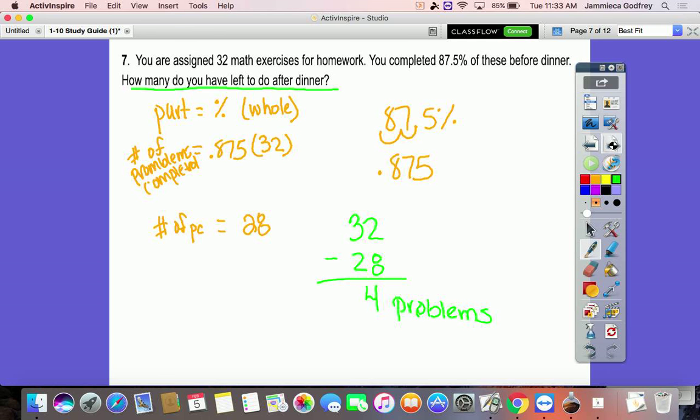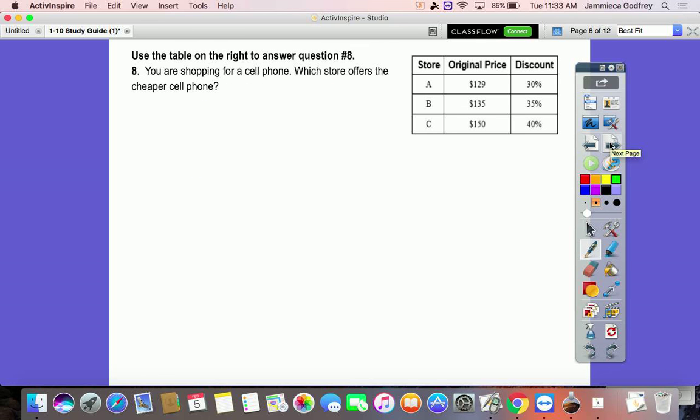Okay, on to number 8. It says, use the table on the right to answer question number 8. You are shopping for a cell phone. Which store offers the cheaper cell phone? So store A has an original amount of $129. They are offering a 30% discount. So we can use our formula of the original.